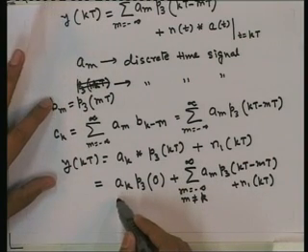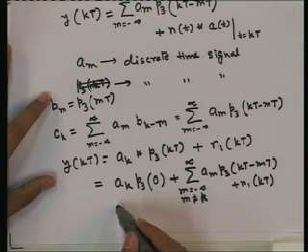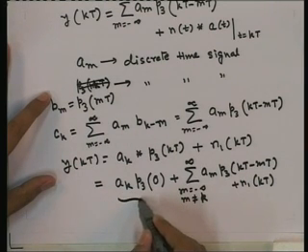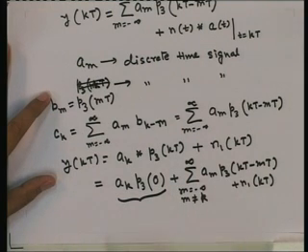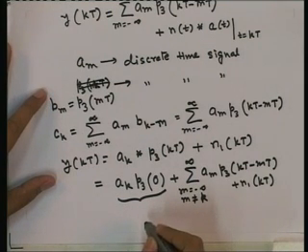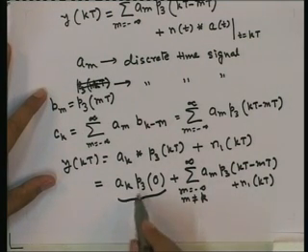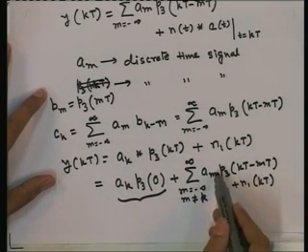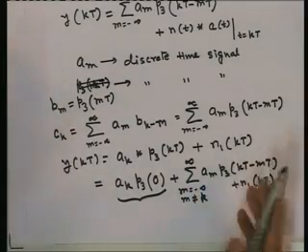Now this term gives us the kth symbol. So this term actually gives us information about a_k, but all these other terms are the effect of other symbols on this symbol.